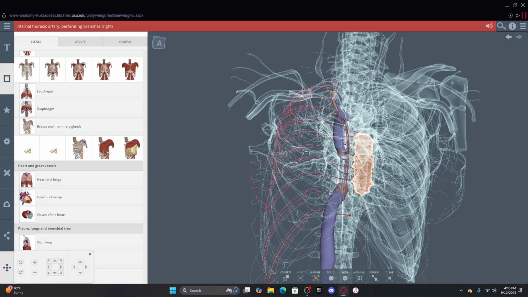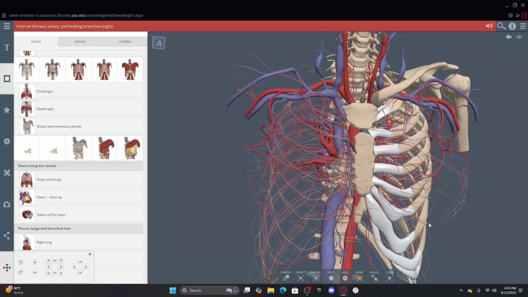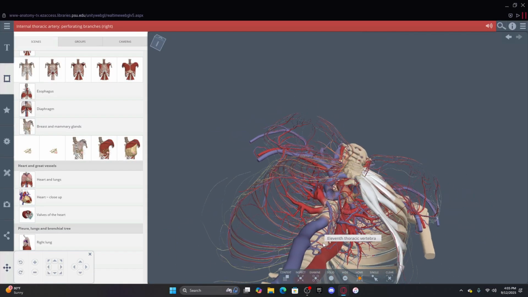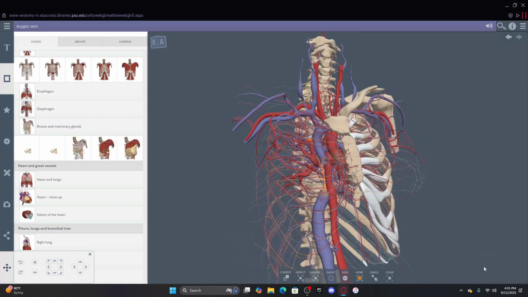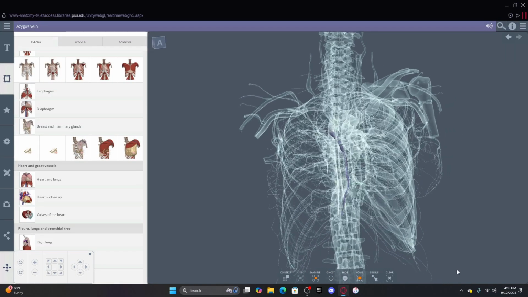Okay, and then we're going to move on to the last structure, which is the azygos vein. The azygos vein is here in the back, resting right on top of the vertebral bodies of multiple vertebrae.